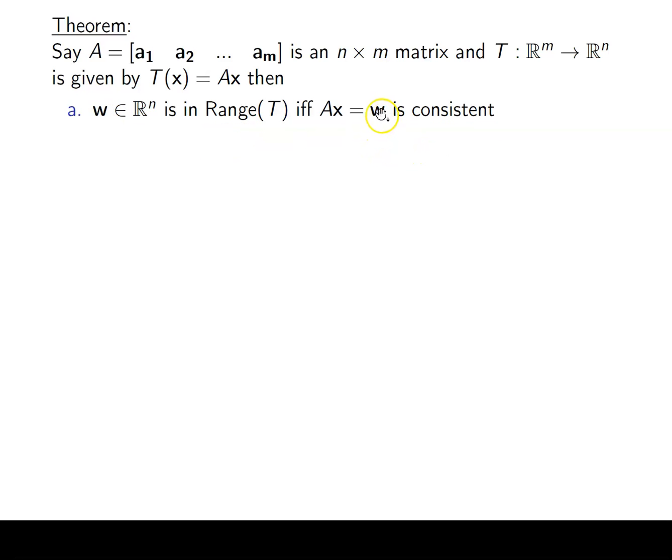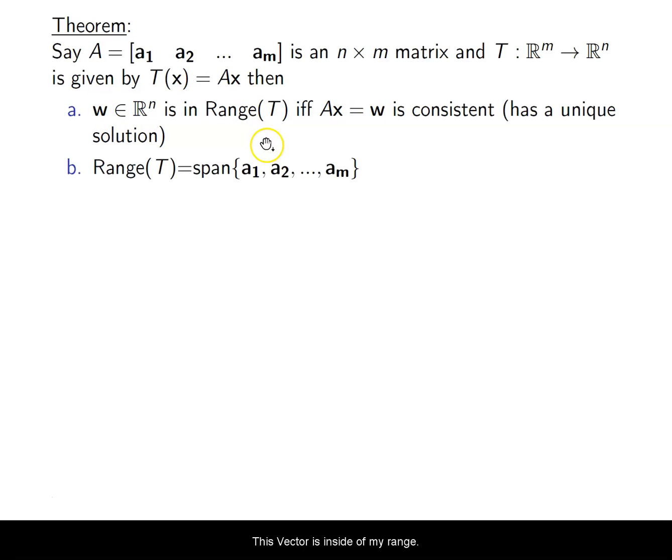That means that this is an output only if this equation makes sense. If I were to solve this matrix equation, I should get coefficients that work for it, and those coefficients should be the elements of w. So I have a solution for this if and only if this vector is inside of my range. The range of T is the same as the span of these column vectors.